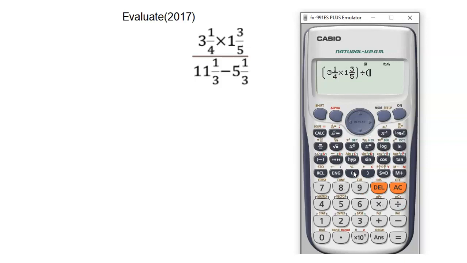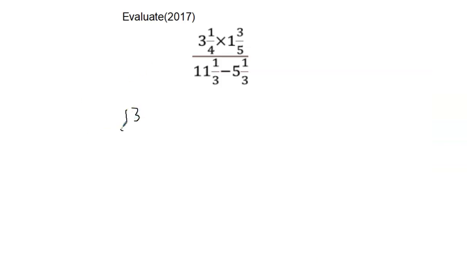Division, pick it up, shift that 11 whole, 1 on 3 minus, shift that 5 whole, 1 on 3, you close it, boom, and that give you the answer. So the multiple choice, so 13 on 15. This is a proper fraction, and capiche, you done.